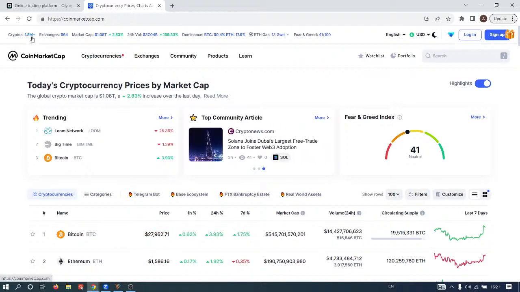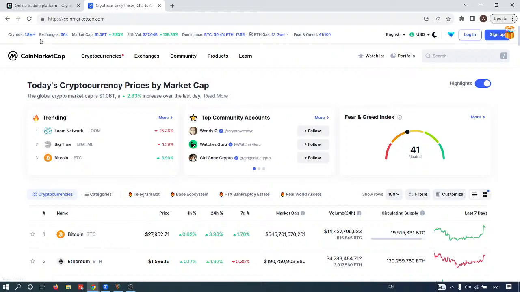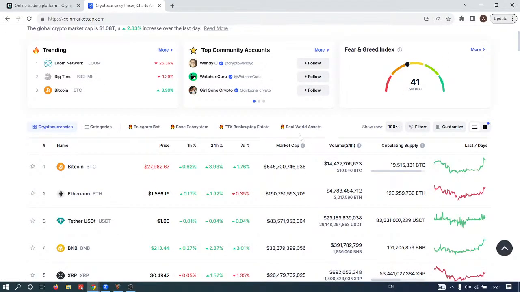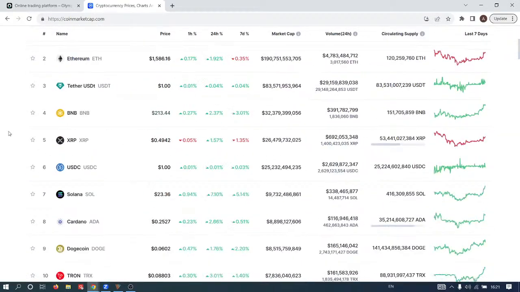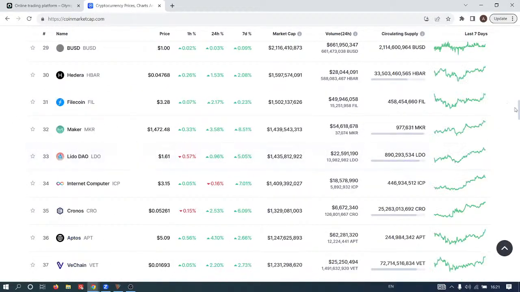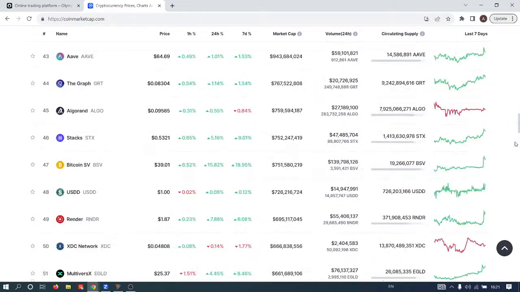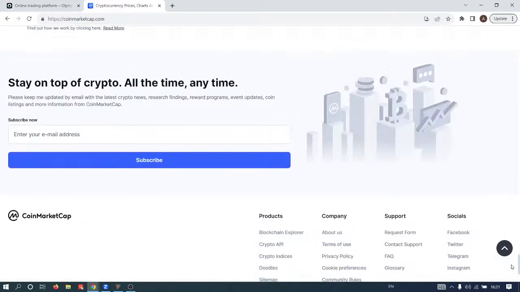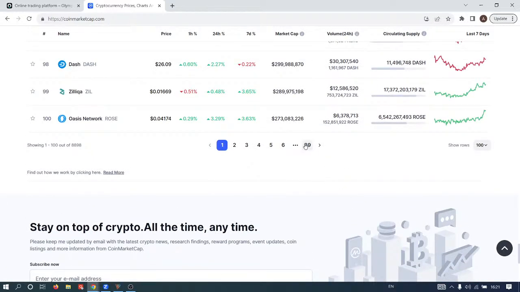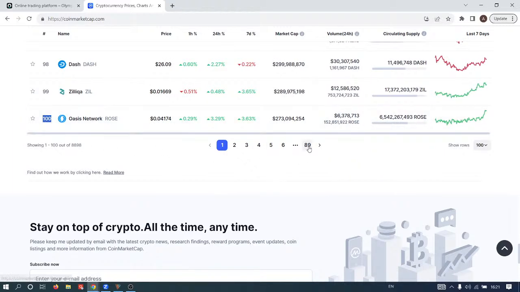No, I don't believe it. That doesn't seem correct. I think it was somewhere around 10,000 or 20,000 cryptocurrencies listed on this exchange. Okay, so we have 89 pages of 100 cryptocurrencies each.